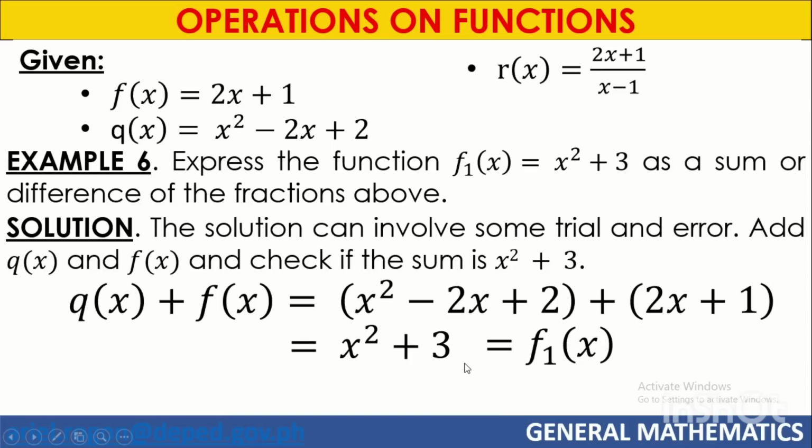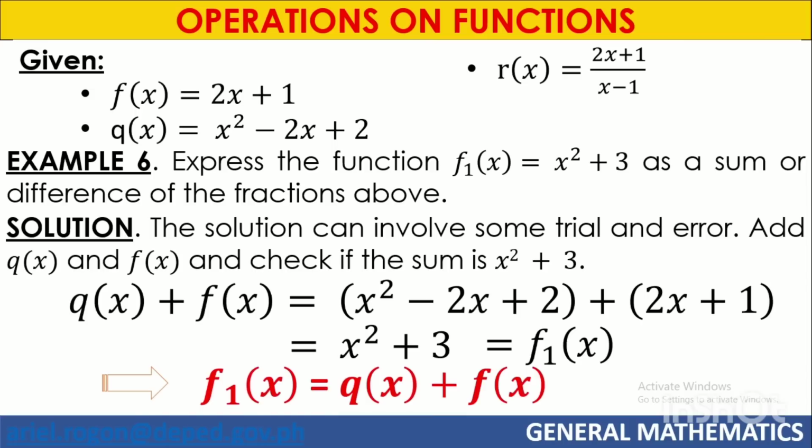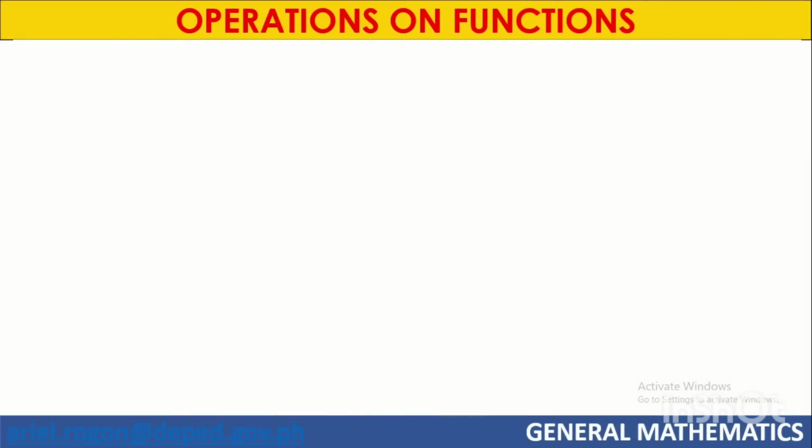So, therefore, f sub 1 of x is the sum of q of x and f of x. Itong x squared plus 3. Ulitin natin, magta-trial and error kayo dyan. Okay? Another example.